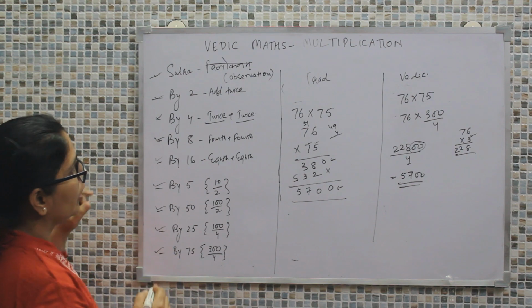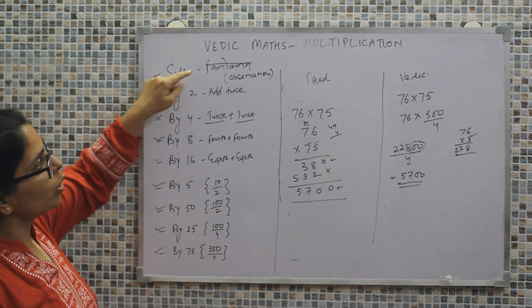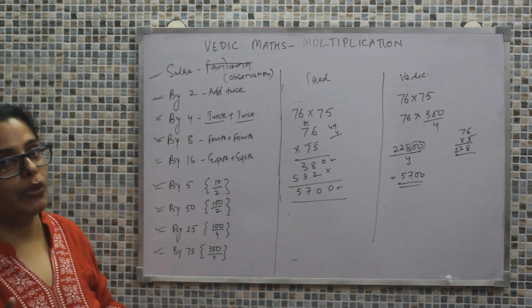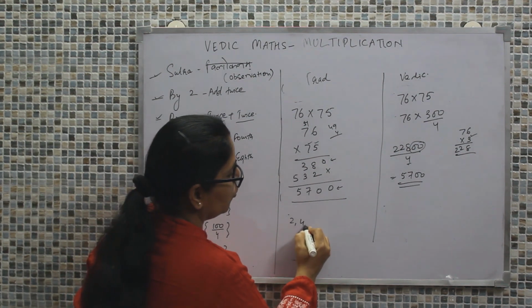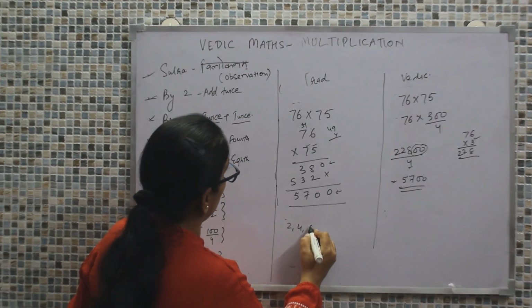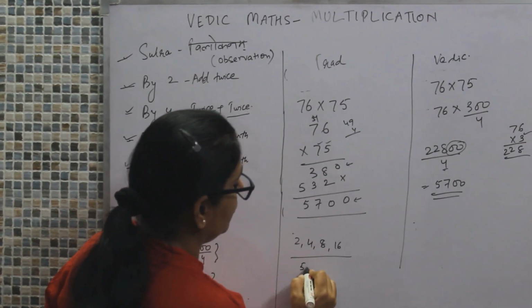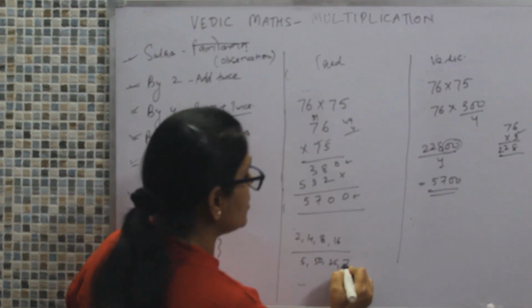So overall, when we sum up these particular approaches, we are talking about Vilokanam. It means we just need to identify the number with which we are multiplying. Either we are multiplying with 2, 4, 8, 16, or with 5, 50, 25 and 75.